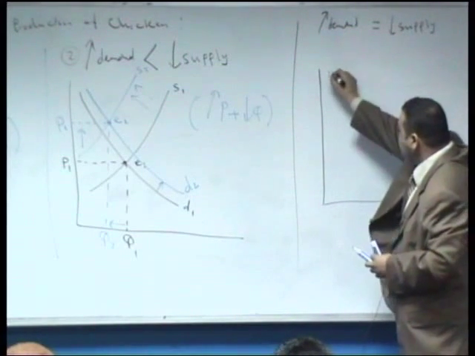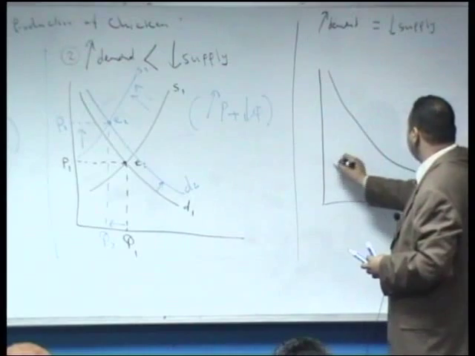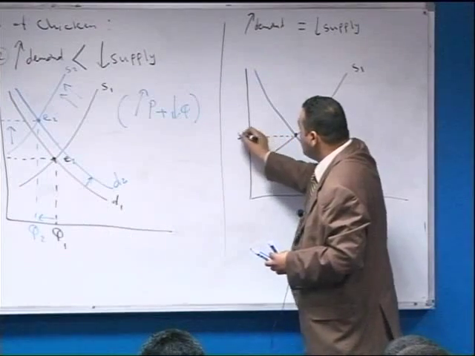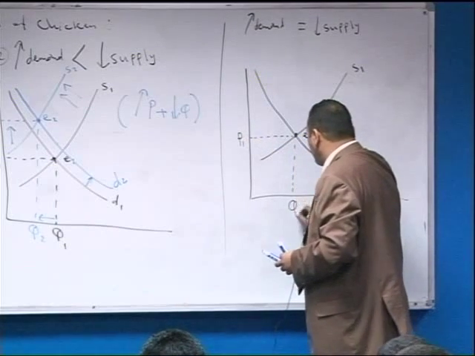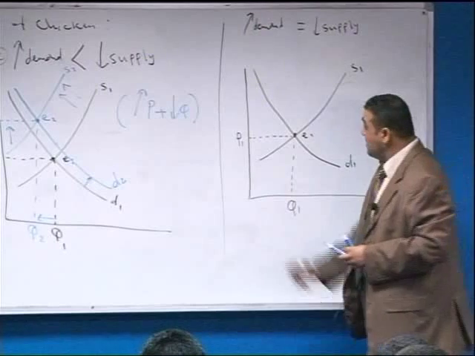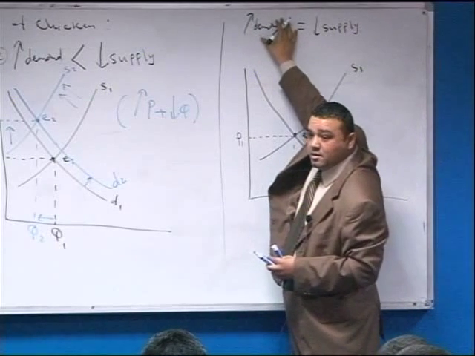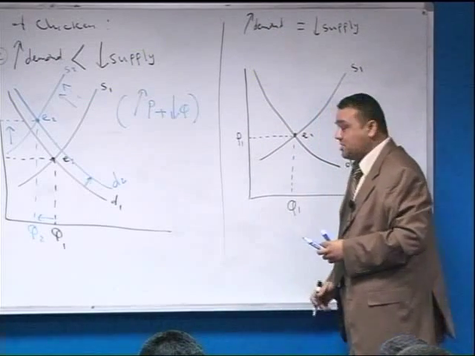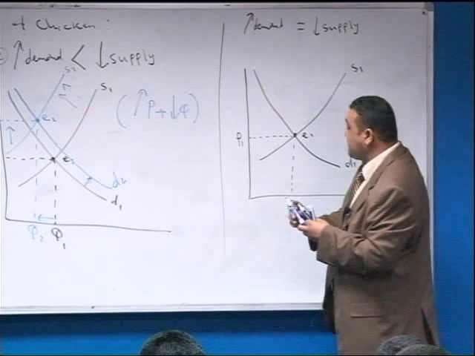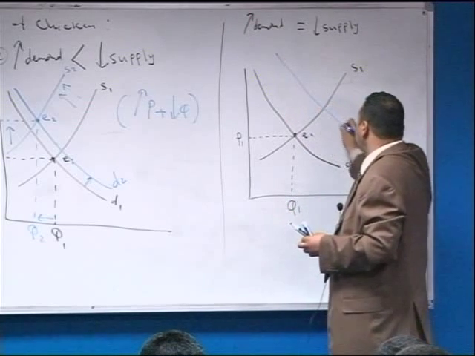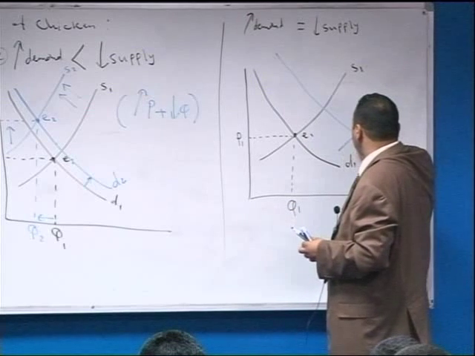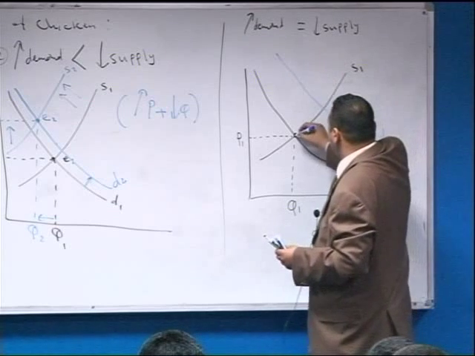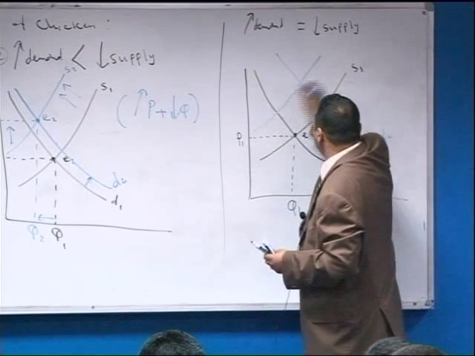So this is the origin point: D1, S1, E1, P1, Q1. The assumption is there is an increase in demand, and the magnitude of the change in demand equals the magnitude of the reduction in supply. So there is a rightward shift of the demand curve from D1 to D2, equal to the decrease in supply.